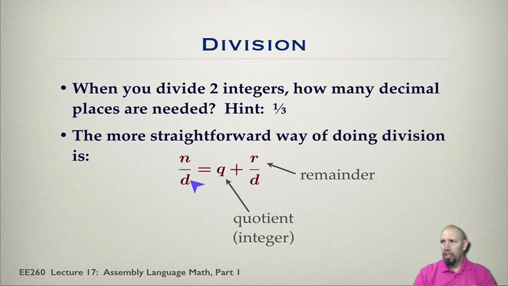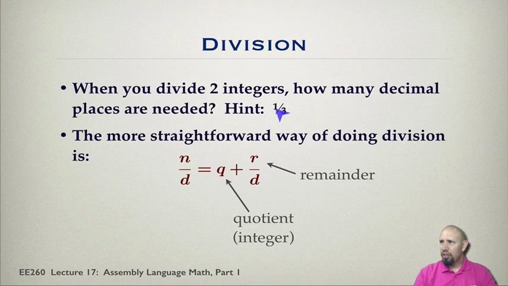Now, if n is less than d, then the result is that q will be 0 and the remainder will be n. When n is greater than d, in general, we will get an integer quotient and an integer remainder. So this is more straightforward. Here, 1/3 would still be 1/3.